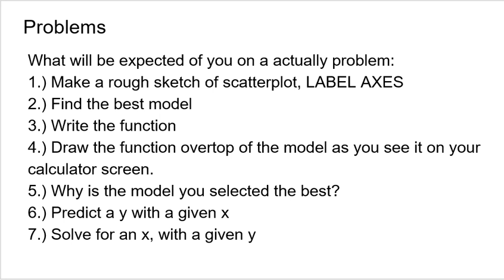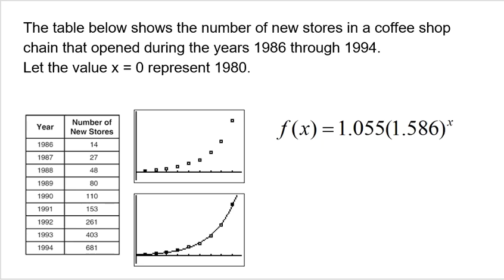Then I could ask you to do some math, right? I could say, all right, now that you found your equation, maybe we go back here. So, okay, predict the number of new stores in the year 1997. So you got to actually plug in 17, which would be 17 years after 1980, 1997. Plug it in for X, because X is the number of years since 1980.